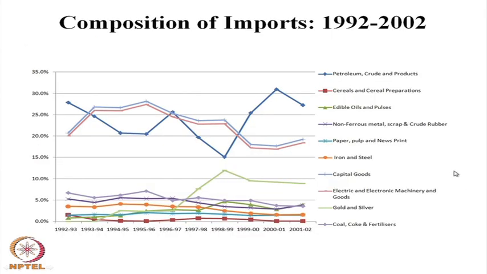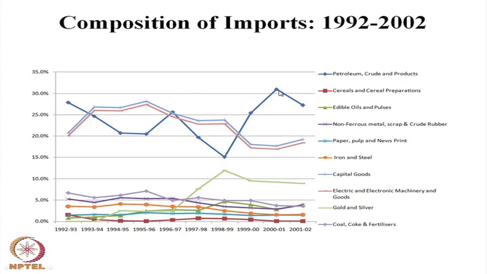Over the years, if you see the data from 1992 to 2002, the major part of our import is crude oil. If you see this line, nearly 30% of our import basket is crude oil. Though it declined around 1998-99, recently it has increased significantly.